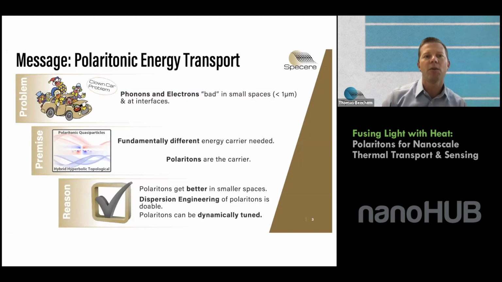Let me tell you what the problem is. As we think about modern microelectronics and Moore's law, even though we keep believing it's going to stop, and on some level it already has slowed down, there is always going to be a push to get more capability in smaller spaces.